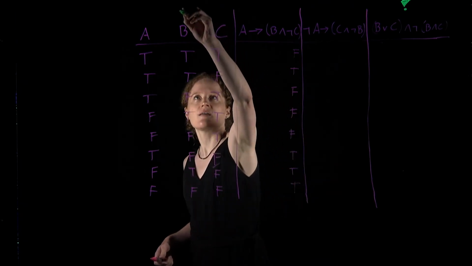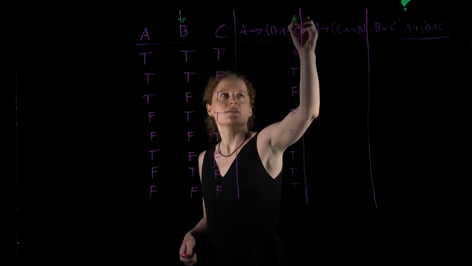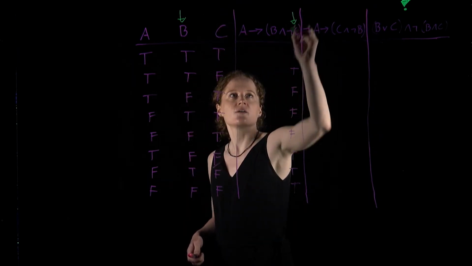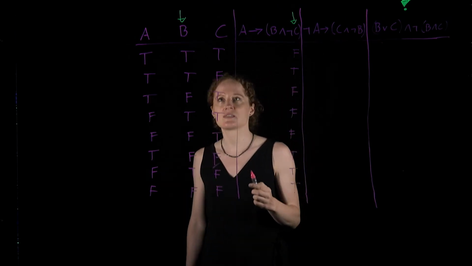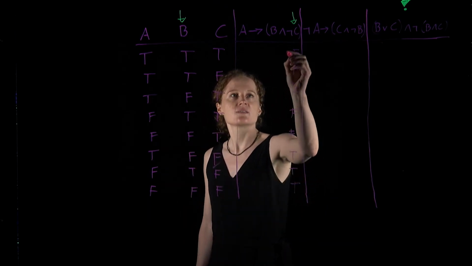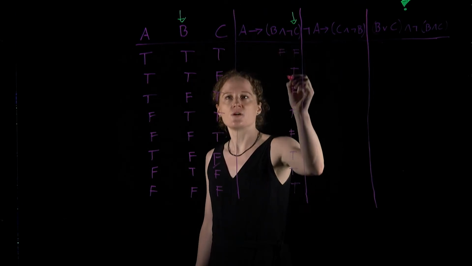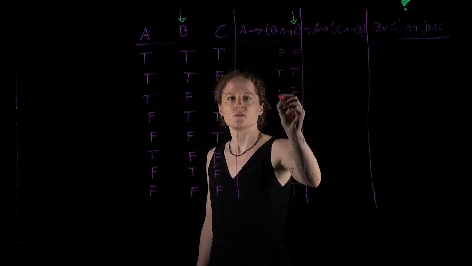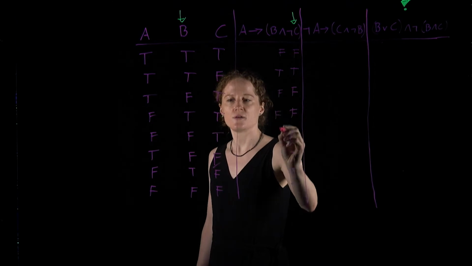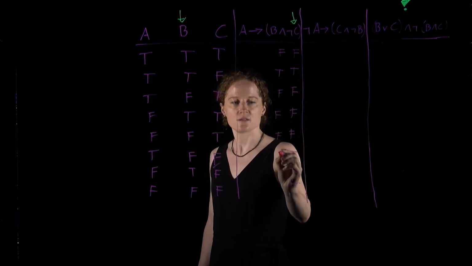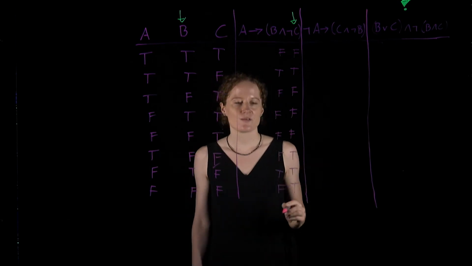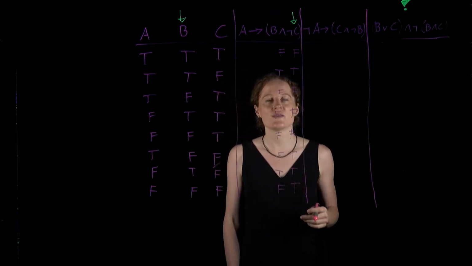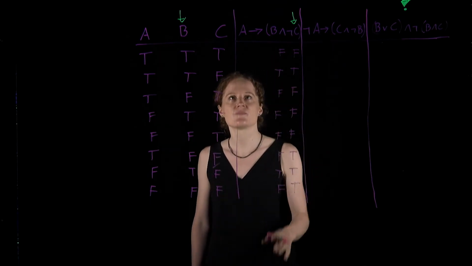I need to look at the column under B, and the column under not C, since the conjunction is true just in case both B and not C are true. So in the first row the conjunction is false, then true, false, false, false, false, true, and false. So that's the assessment of our conjunction.